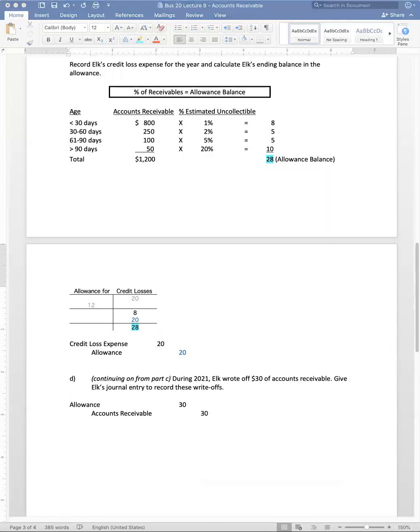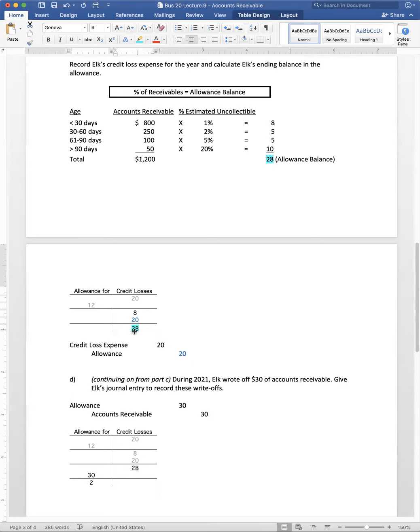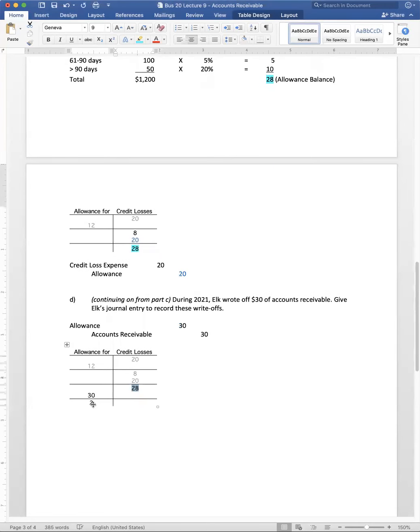So in the allowance T account, let's take a look here. So at the end of the previous year, we had 28, right? Remember that from there. And now we are decreasing the allowance by $30. Oops, there it is. So we're debiting the allowance by 30 because that's what we couldn't collect. And here it is.